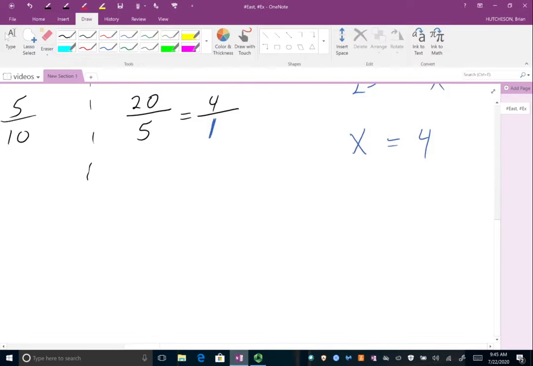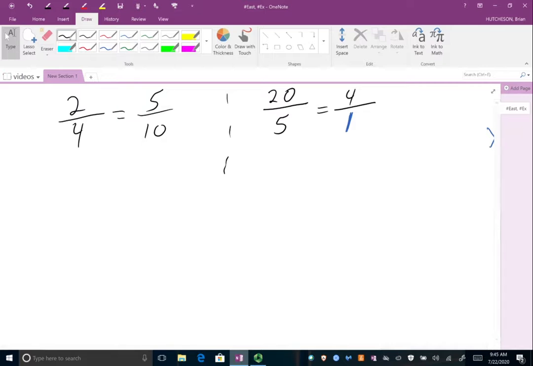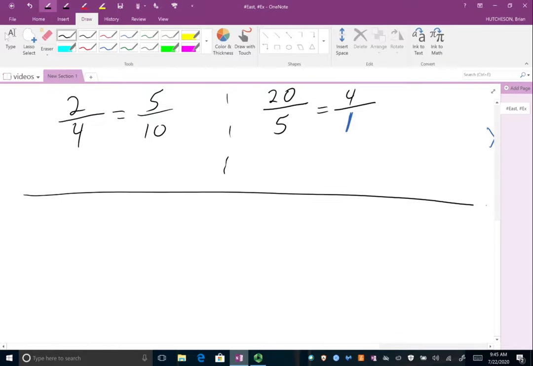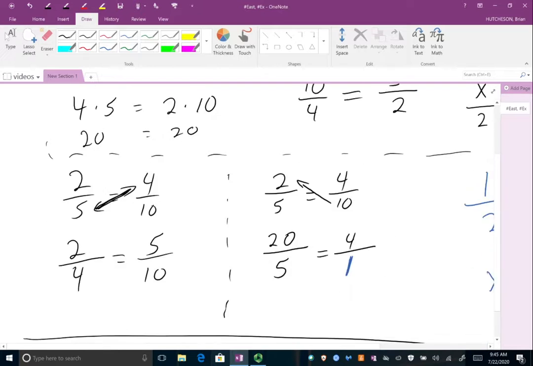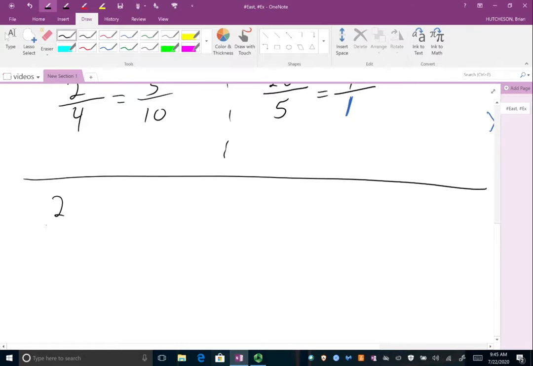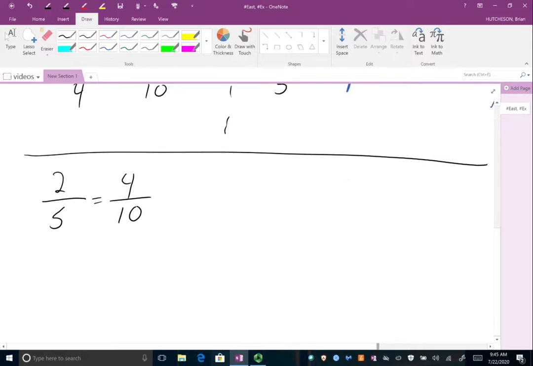So now comes the crazy stuff, right? So still using my original one, 2 over 5 is equal to 4 over 10. What can't I do?